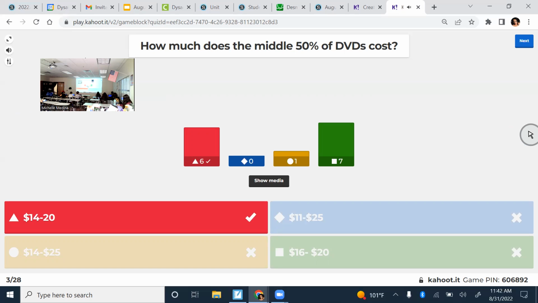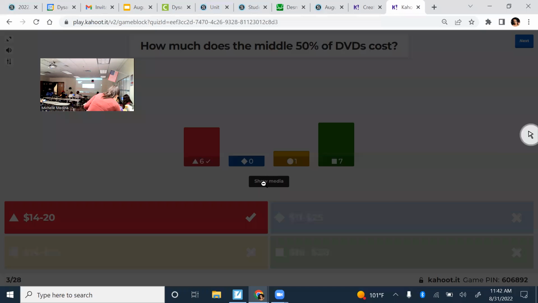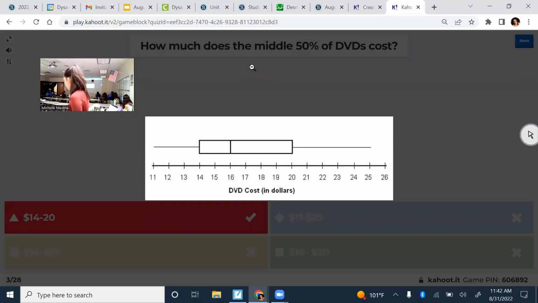All right, so again, on your box plot, we know now that it splits the data into quarters, and it wants to know about the middle 50%. So what area of my box plot is that? The box itself. This is 25% up to the median, and here's another 25%. So that's my middle 50% right there.